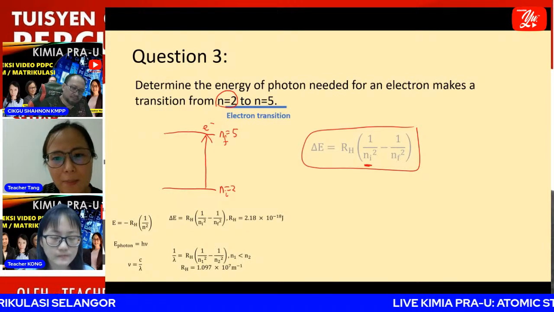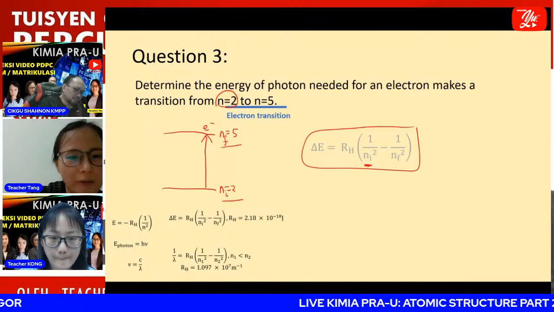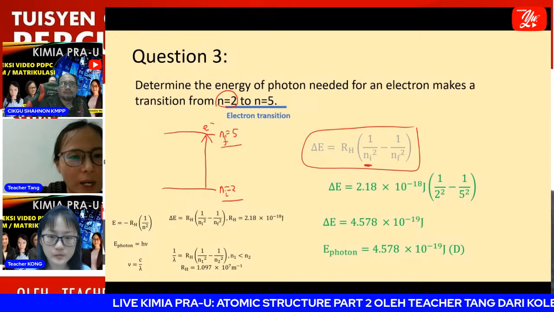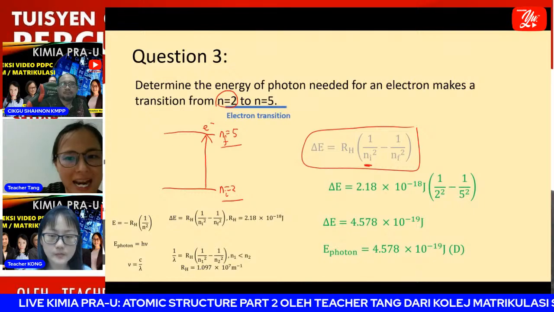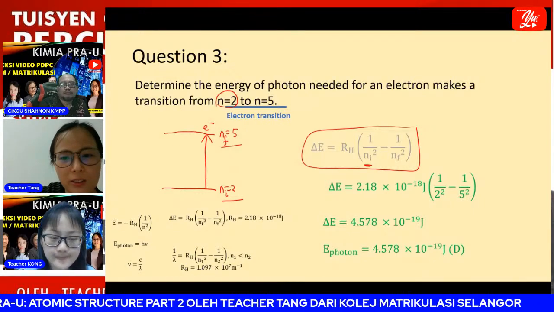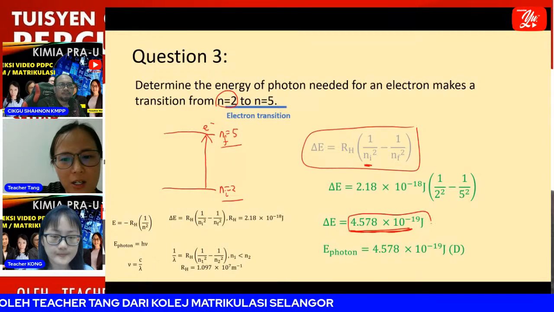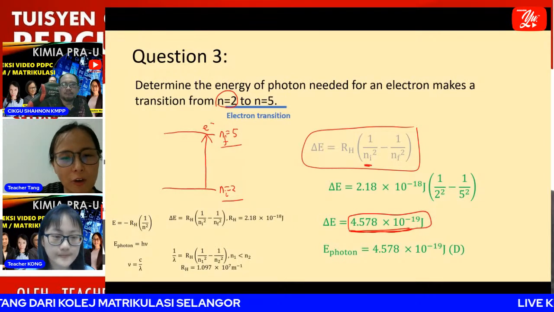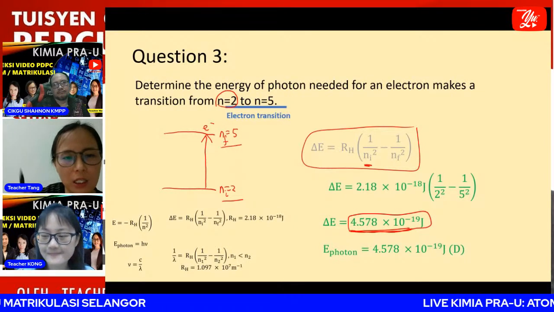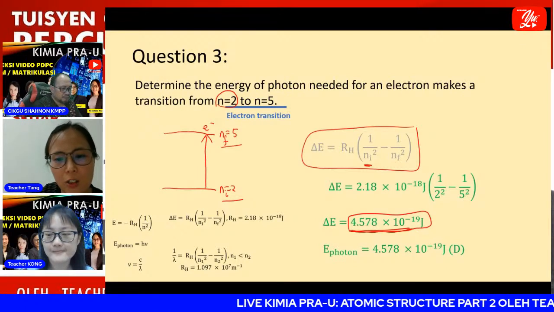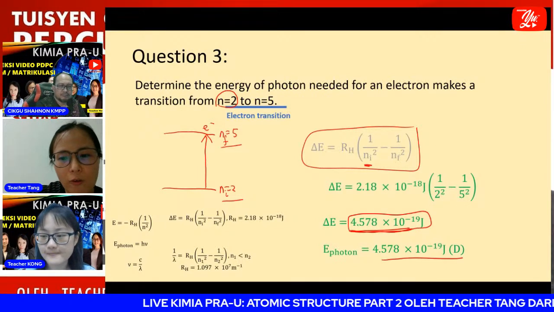With that in mind, you substitute into the formula. When energy needs to be gained, you should get a positive value. A positive value means the photon needs to be absorbed by the electron in order for the electron to move to a higher energy level. Therefore, the answer is D.